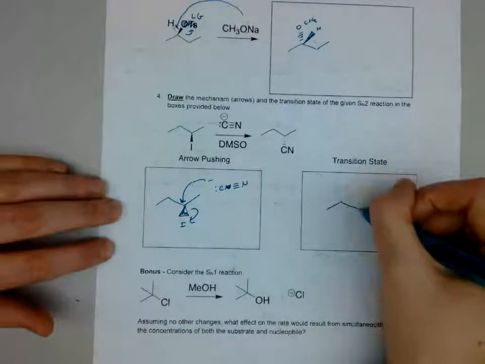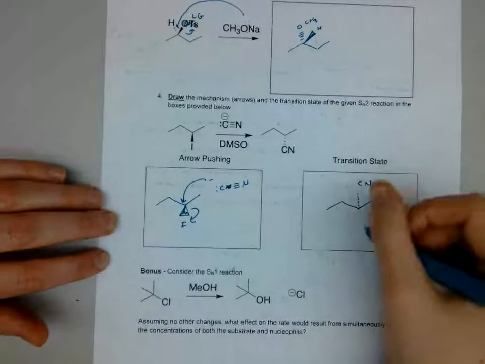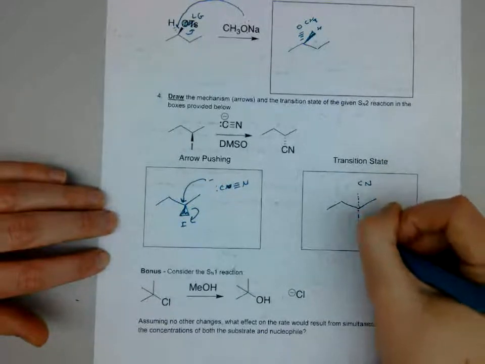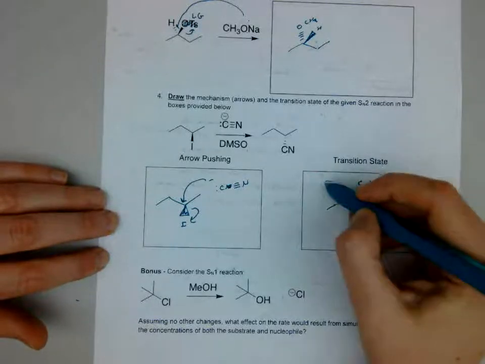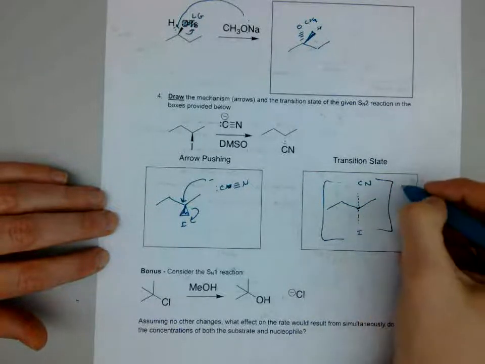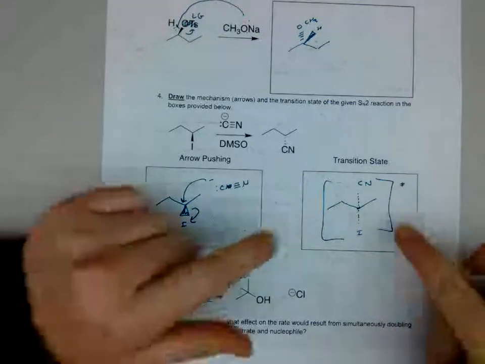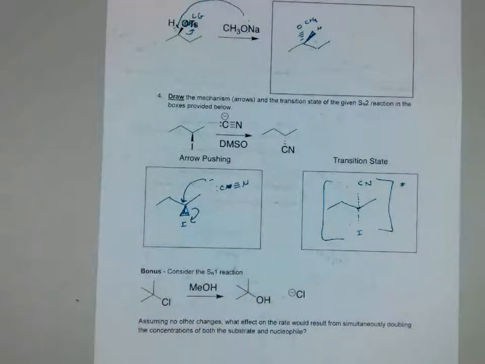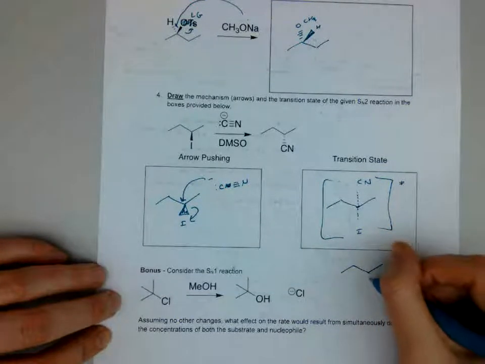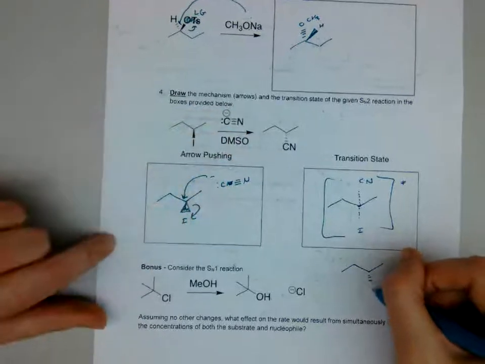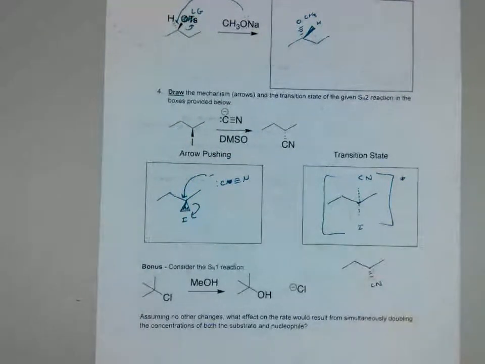And the transition state looks something like this: CN is coming in to attack as the iodine is leaving. So this maintains the electron density at this carbon without overfilling its orbitals. And I always put it in brackets to indicate that it's a transition state. So this is what the transition state would look like. And we didn't actually ask for the product of this reaction, it's already given. There you go. That's why we didn't ask for it.